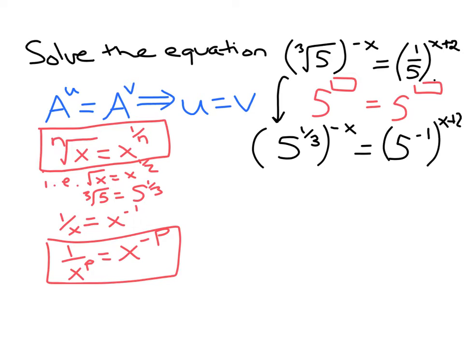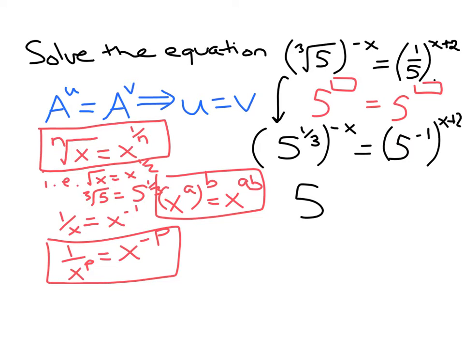Okay, one last property, and I'm going to squeeze it on this page. x to the a, raised to the b power, is equal to x to the a times b. Let me box that one up. We can use that in this next step: 5 to the 1/3 raised to the negative x.